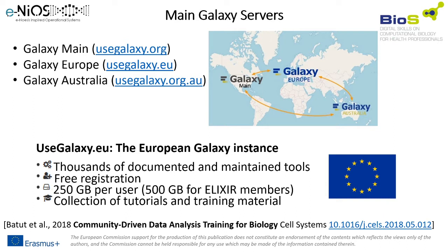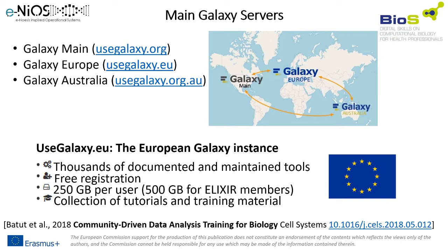The European Galaxy instance provides access to a huge compute and storage resource without any charge. It provides access to more than 2,500 different well-documented and constantly maintained scientific tools, and allows for 250 gigabytes storage capacity per user, and 500 gigabytes storage capacity for Elixir members.